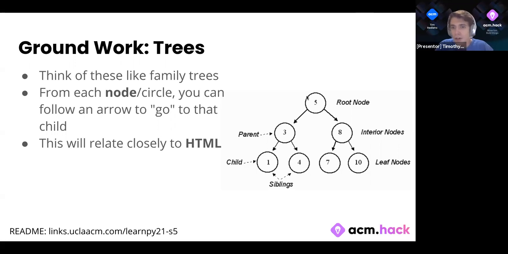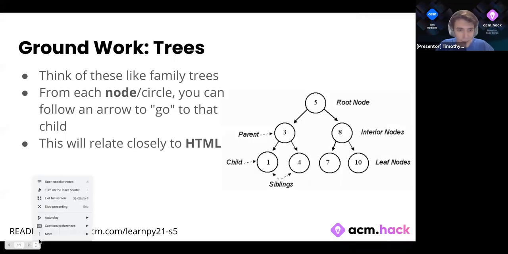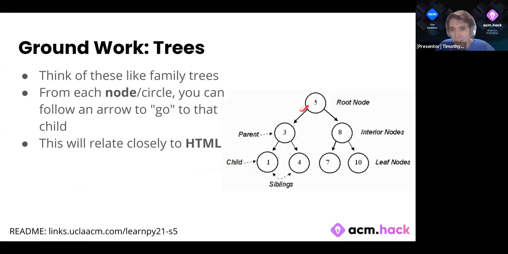You have nodes, which are these circles, and then each node will have edges that go to other nodes. So you can think of this as a parent and then a child, and here is a parent and then a child. This is important because how we will navigate HTML pages is that an element will have child elements, and we'll go through this tree when we search for stuff.